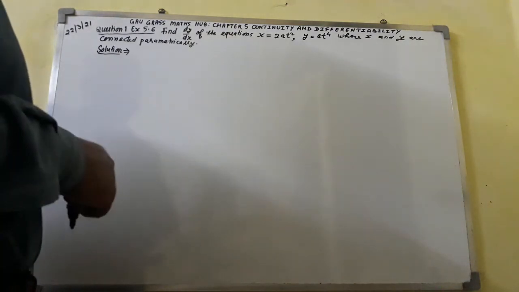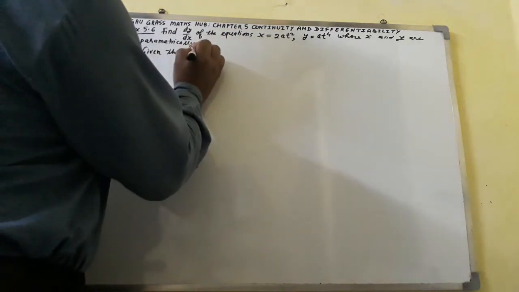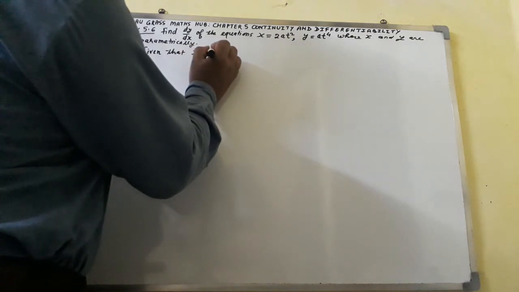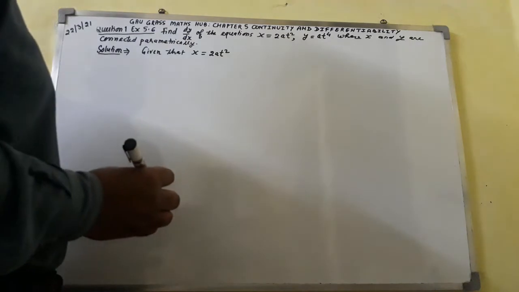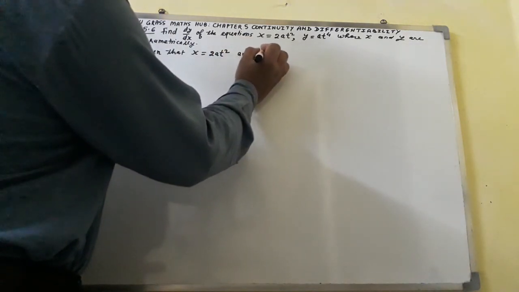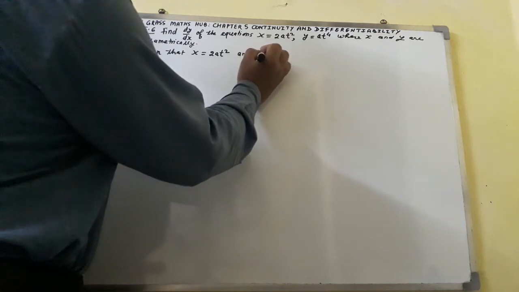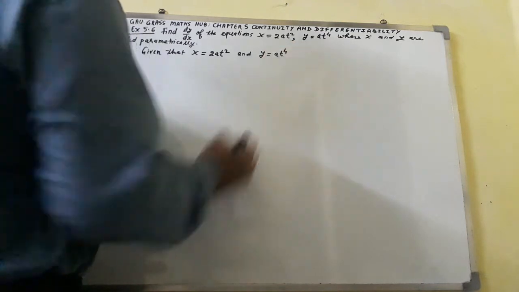Now come to the solution. Given that x is equal to 2at square and y is equal to at raised to the power 4.